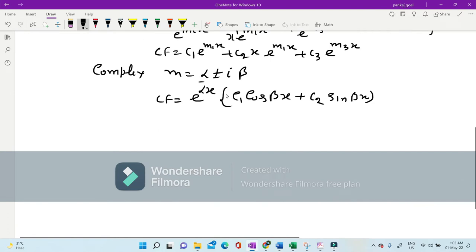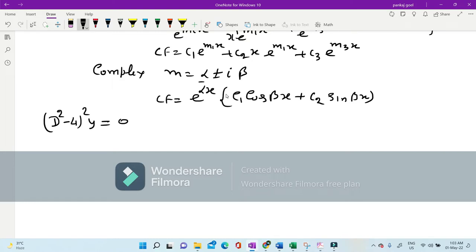Now let us take an example. Let us suppose the differential equation is (D^2 - 4)^2 y = 0. For the complementary function we put D = m. The auxiliary equation can be written as (m^2 - 4)^2 = 0. This power 2 means it is a repeated root.